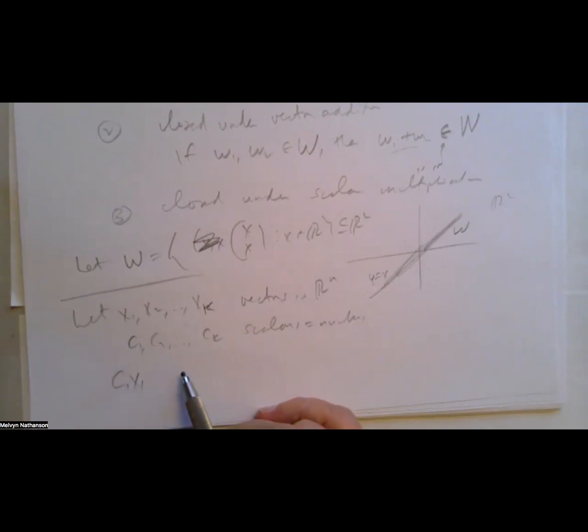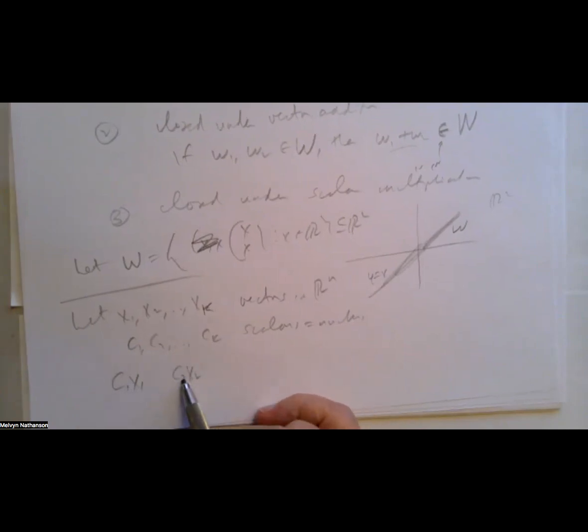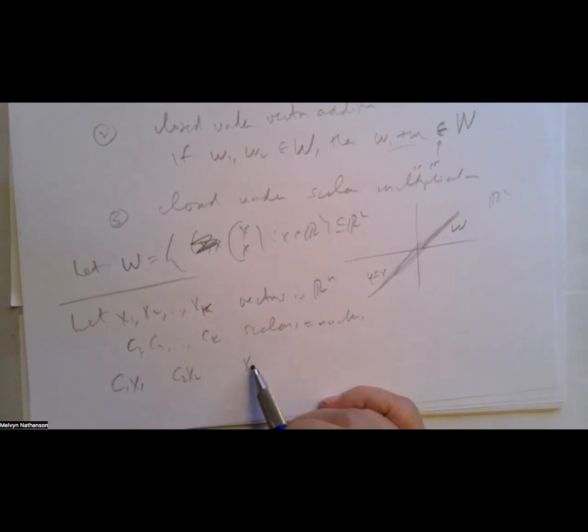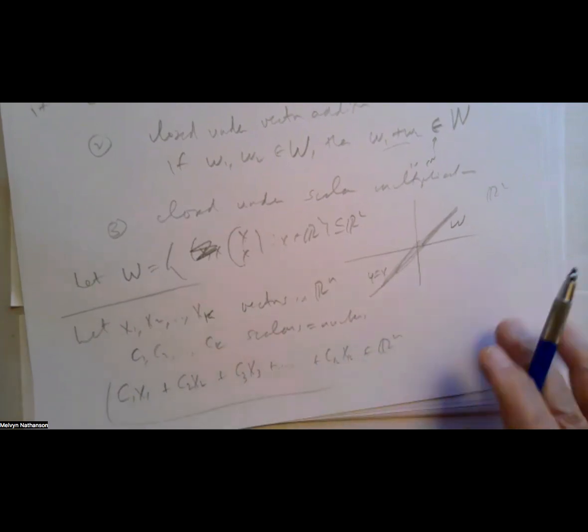So I can take the vector x1 and multiply it by c1. I can take the vector x2 and multiply it by c2. I can take the vector x3 and multiply it by c3. And I do that for every vector. Finally, I get the vector xk multiplied by ck. And then I can add. You can add pairwise starting from the left. Vector addition is a binary operation. You have two vectors, so this plus this is a vector. And add c3 x3, and so forth, up to ck xk. So this is a new vector in Rn.